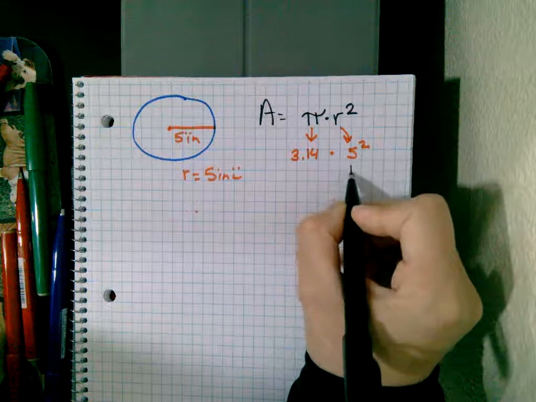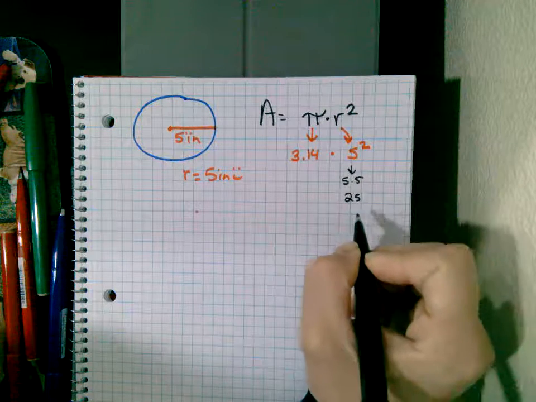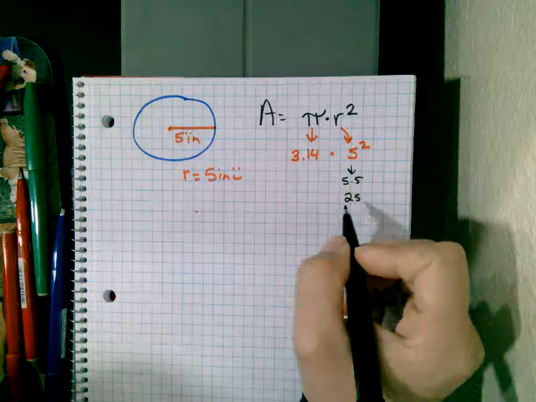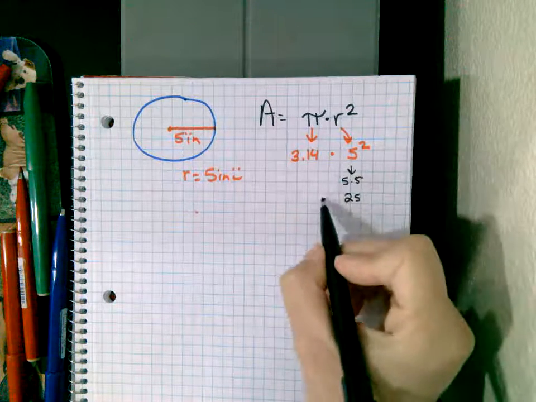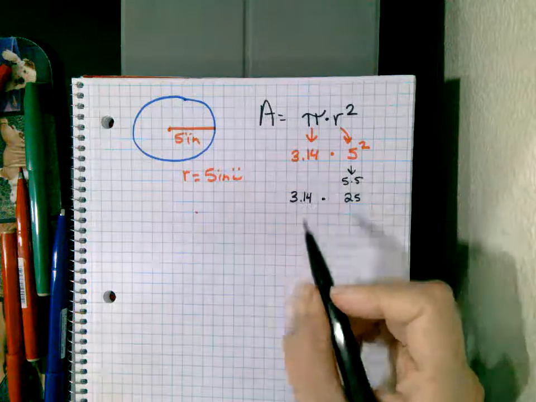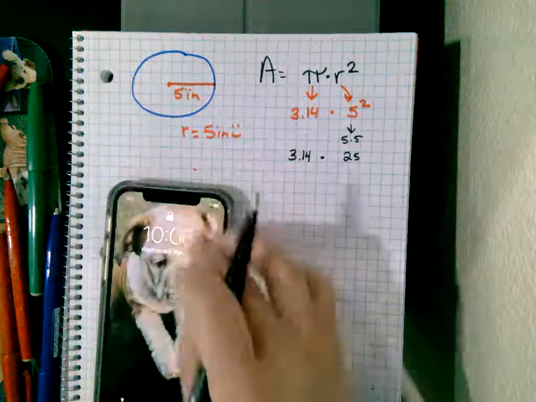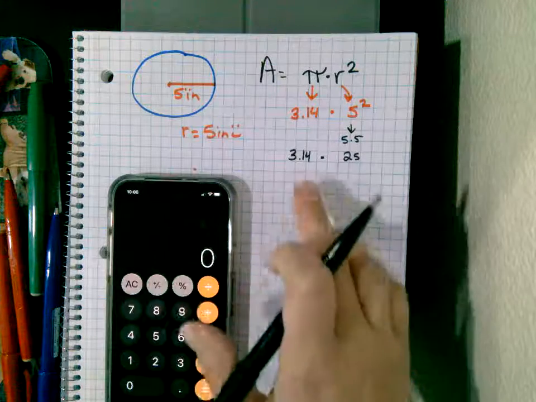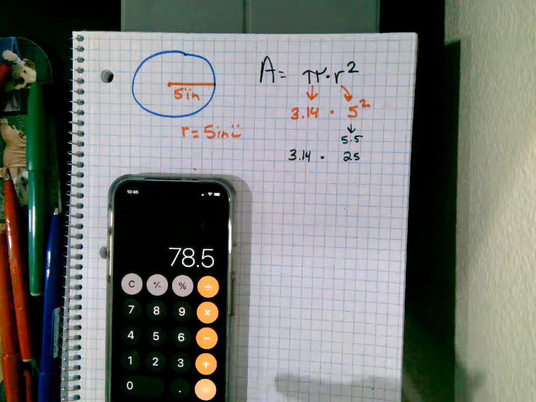So 5 squared means 5 times 5, which equals 25. Then we're going to multiply by 3.14. All right. I don't know what that is. Take our calculator. 78.5. Yep.